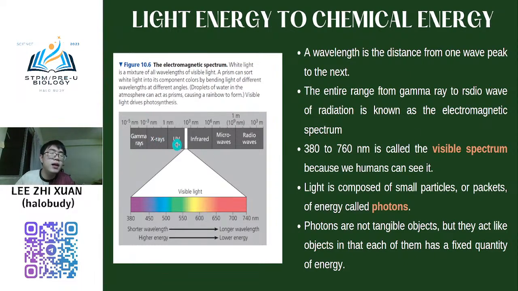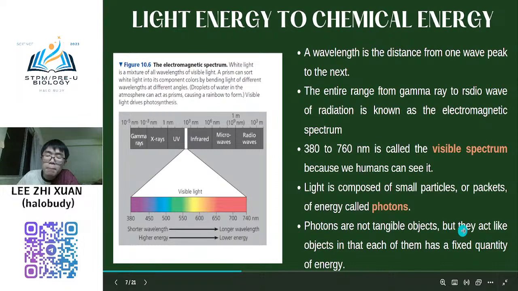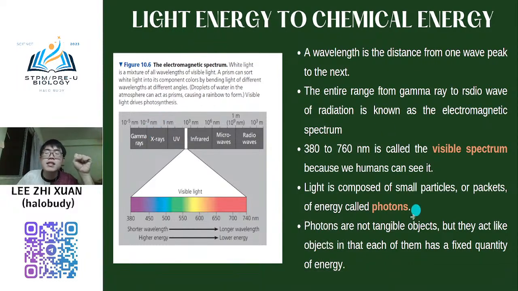Whatever light appears there, gamma ray or light that you can see, there is a lot of energy involved in the small particles we call photons. Normally photons are not tangible objects, but they act like objects, and each of them has a fixed quantity of energy. So that is why light energy comes from photons.